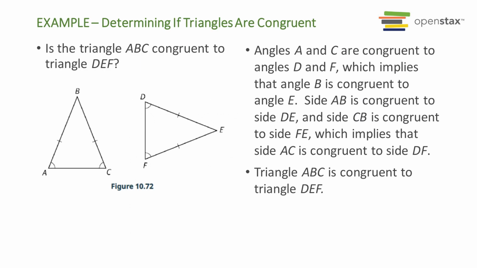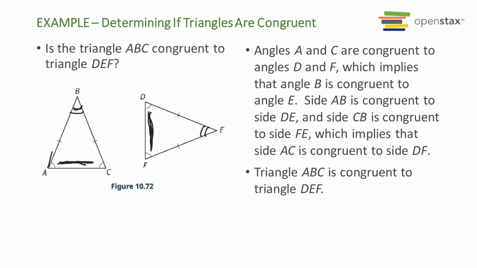So is triangle ABC congruent to DEF? Well, they are in fact congruent. If we look over here, angles A and C are congruent to angles D and F, which implies that angle B is also congruent to E. Because think about it, if these 2 are the same, and everything adds up to 180, and these 2 are the same and everything adds up to 180, then B and E have to be the same for them both to add up to 180.